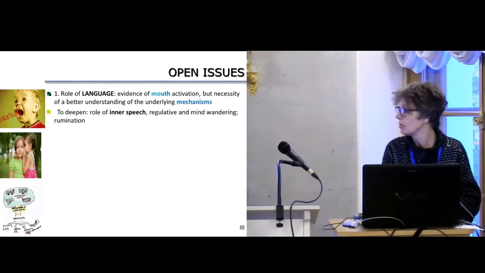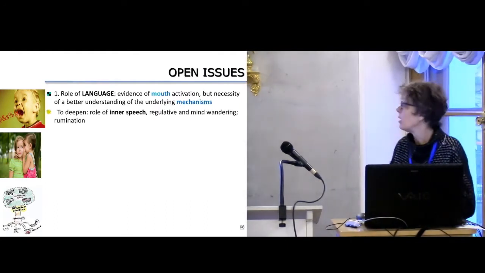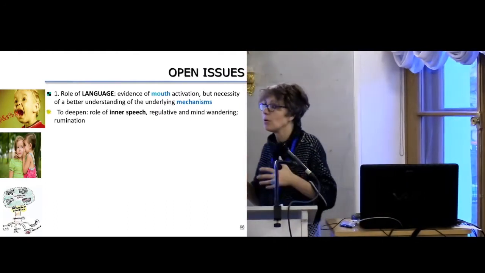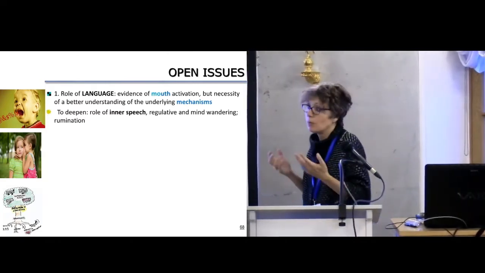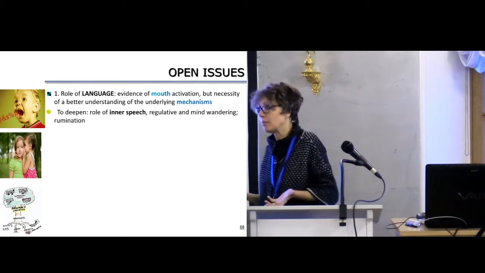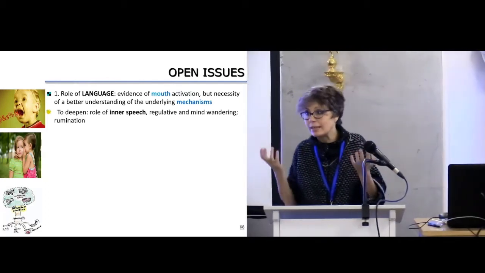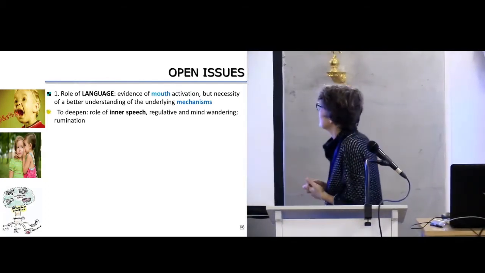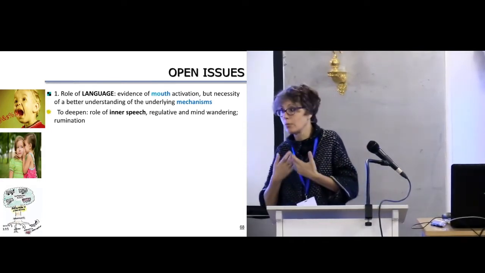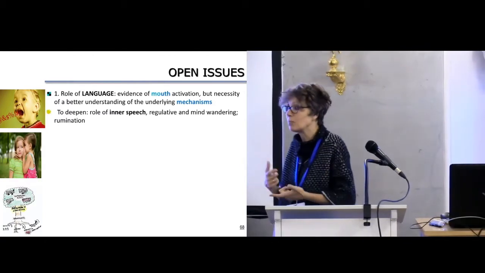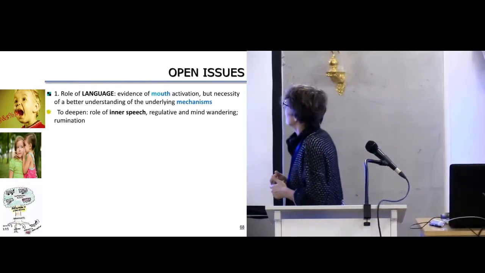Which are the open issues, and I'm going to conclude. So I spoke a lot of the role of language, how language is important for categorization. We consistently found this evidence of mouth activation, and we speculated about possible mechanisms, but we have to better understand this mechanism, for example, to perform more studies on the role inner speech might play.